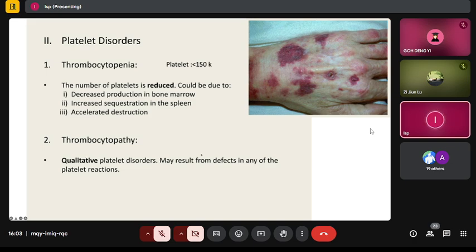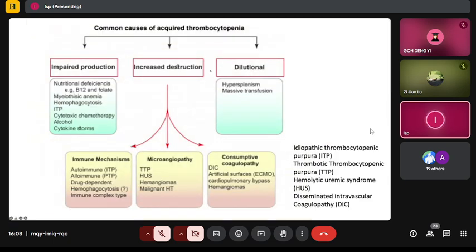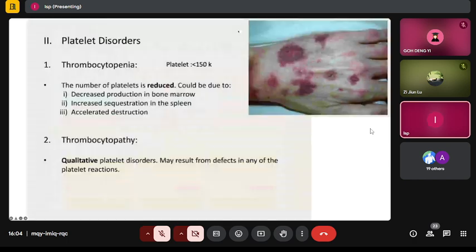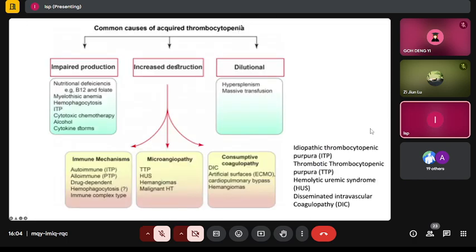Qualitative platelet disorder can be due to defects in platelet function. Sorry, this slide is about the causes of acquired thrombocytopenia. Why does the platelet count get low? It can be due to poor production, not enough production from the marrow.